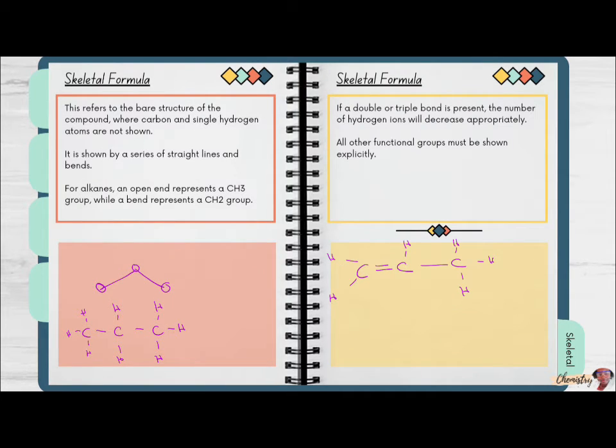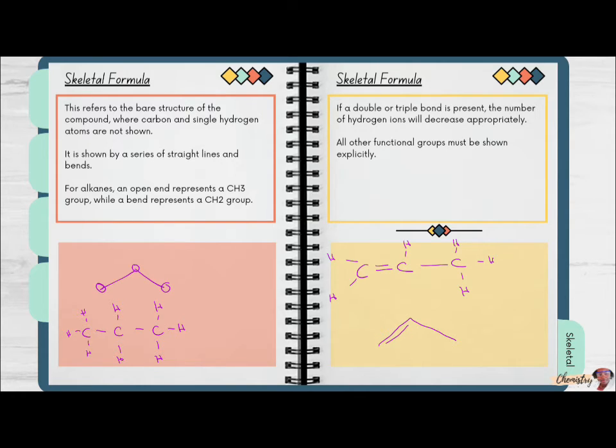Here we have the displayed formula of propene. Once again, we have 3 carbons, but because there's a double bond, we must show that in the structure by using 2 lines. If this was an alkane, at the open end we would have CH3. Because the double bond has been added, we no longer have 3 hydrogens there, we only have 2.